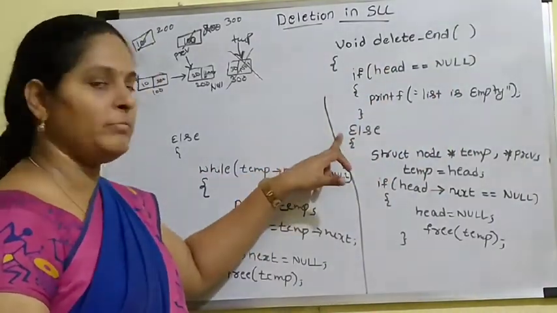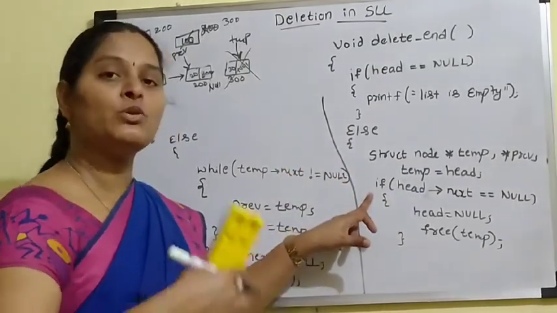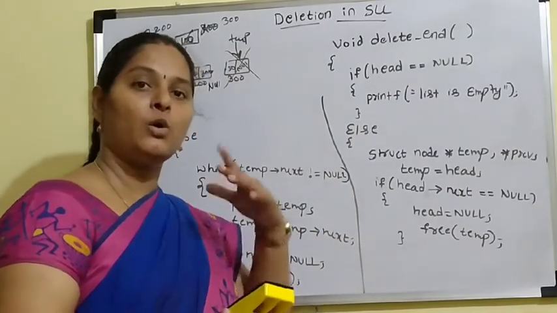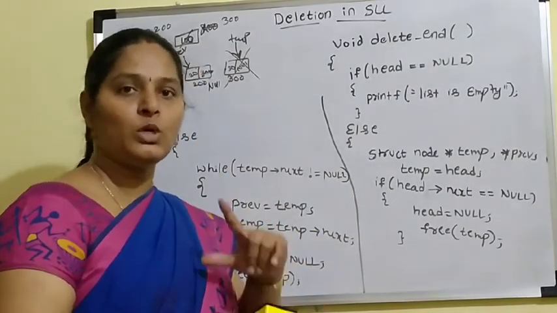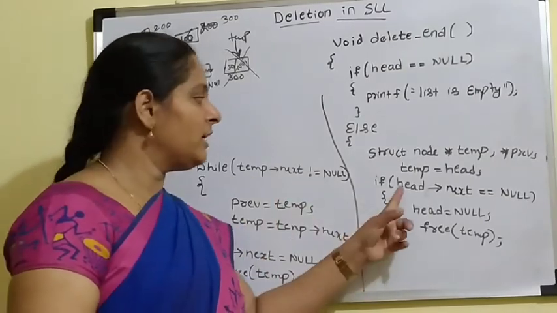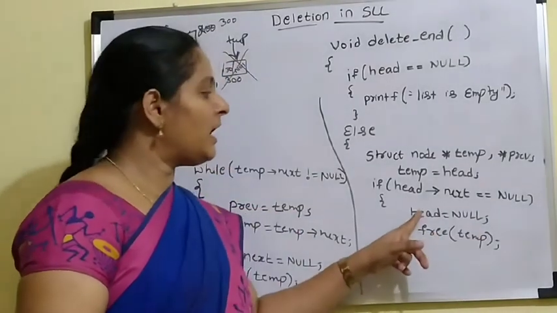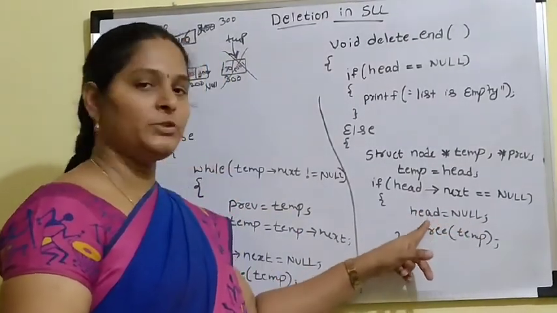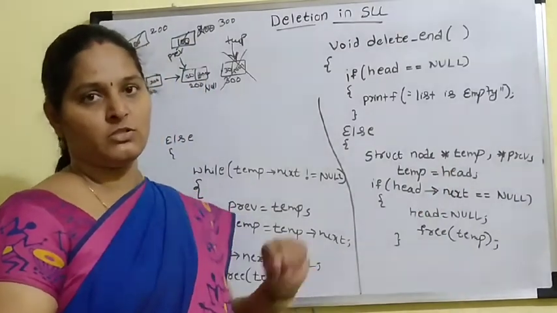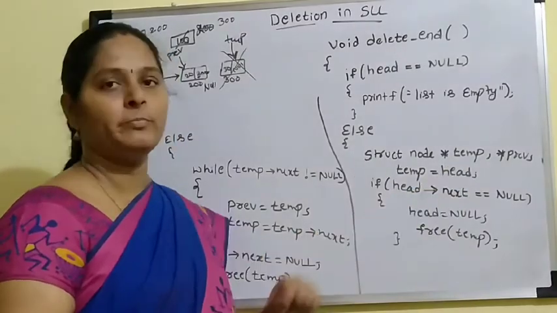If the list is not empty, then verify which node you want to delete. Suppose the node to delete is the only node in the list. How to verify that condition? If head next is equal to null, then assign the null value to the head, then remove that particular node. That node we are calling temp.